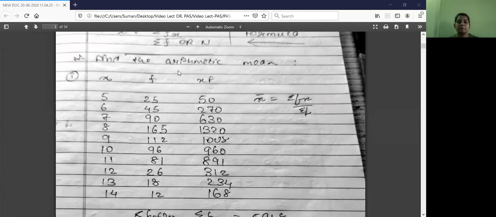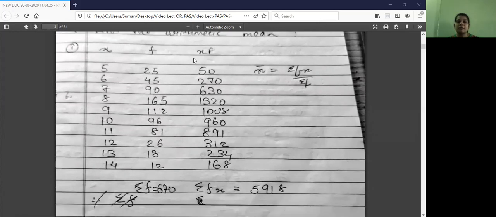But in this question f is also given, so we make a third column, x into f: 5 into 25, 6 into 45, 7 into 90, 8 into 165, 9 into 112, 10 into 96, 11 into 81, 12 into 26, 13 into 18, and 14 into 12.